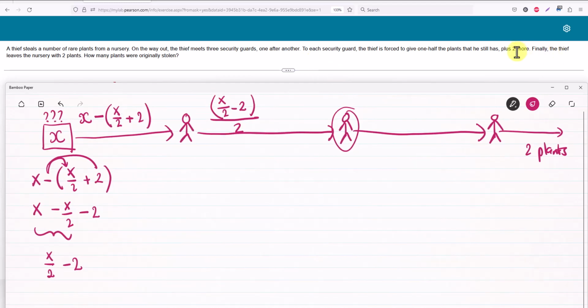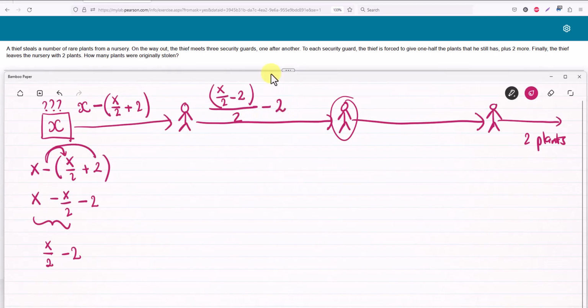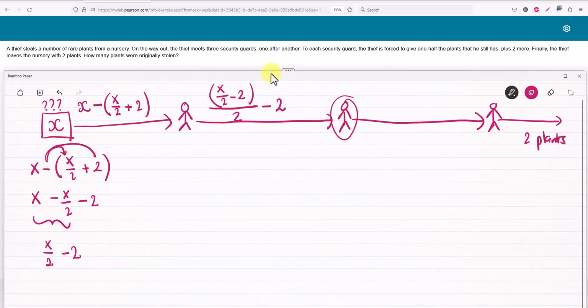So this is the current value. He's losing half, divide by 2, and then he's losing 2 more, subtract 2. Okay, then let's do the calculation. We will simplify the expression before we move forward.